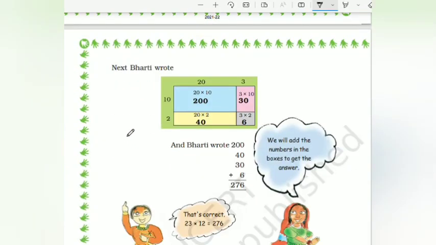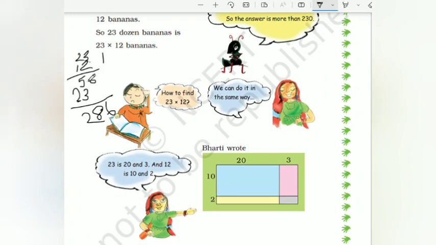Likewise also we got the answer. 23 into 12. 3 into 2, 6. 2 into 2, 4. Plus 1, 5. 5 is written here. 1 into 3, it is 3. 1 into 2, 2. 6, 286.